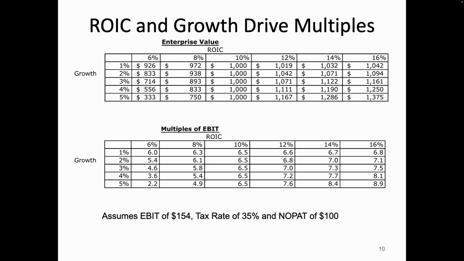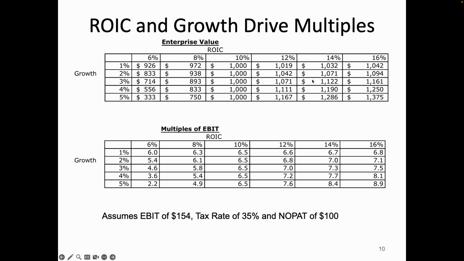So what is my EV to EBIT? 1 billion divided by 154 million is a multiple of 6.5 times EBIT. 893 million, which is 8% ROIC, 3% growth, divided by 154 is 5.8 times EBIT.